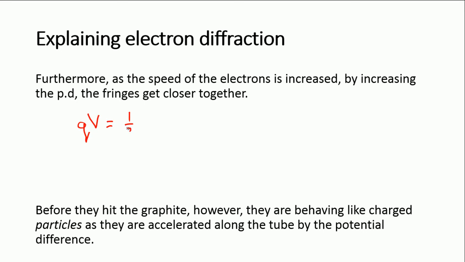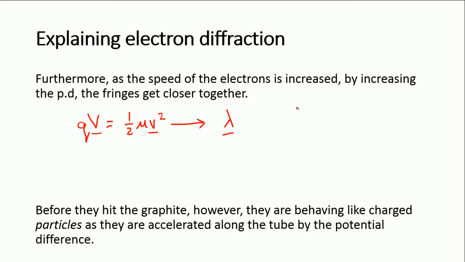We've got the electrical potential energy of the potential difference, which is the charge of the electron multiplied by the voltage that we're applying, 5,000 volts. That's the work that's done on the electron, which changes its kinetic energy and results in its velocity v. So if you increase v, you can do that by increasing the voltage, but that will actually have an effect on the wavelength lambda.